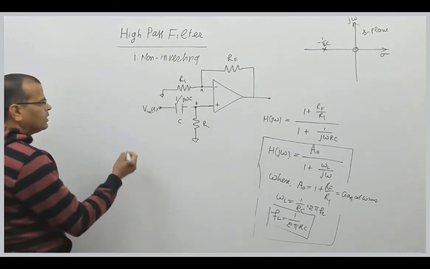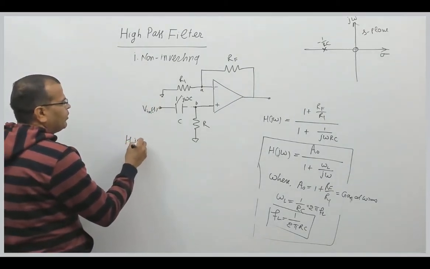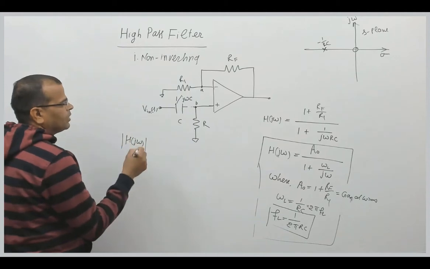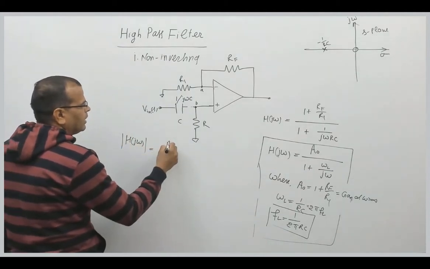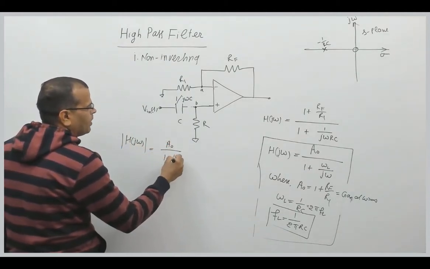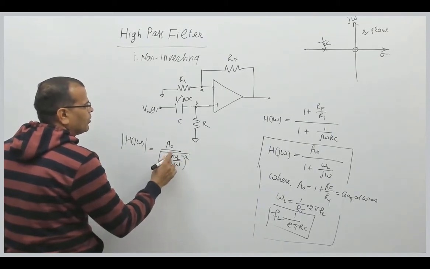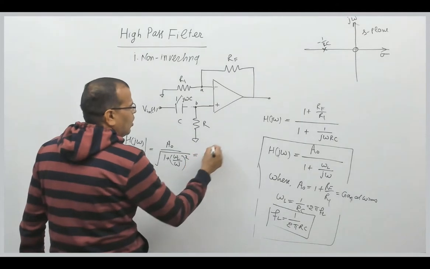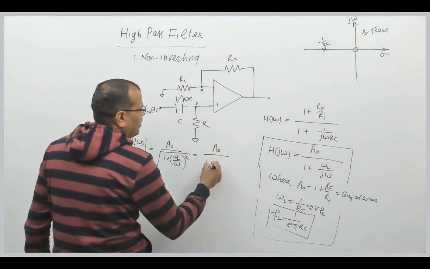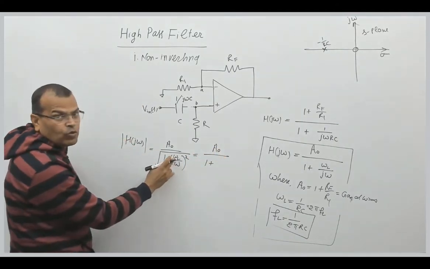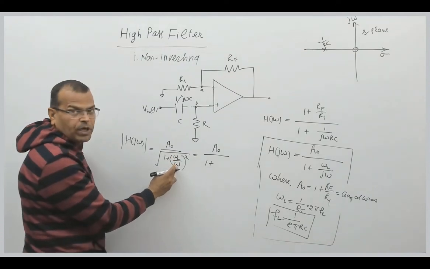So if you see the variation with omega, your transfer function of this filter is A naught by the square root of 1 plus omega L by omega, whole square. You can either write it like this, or this is A naught by 1 plus, I can replace omega L by 2 pi FL, and I can replace omega by 2 pi F.